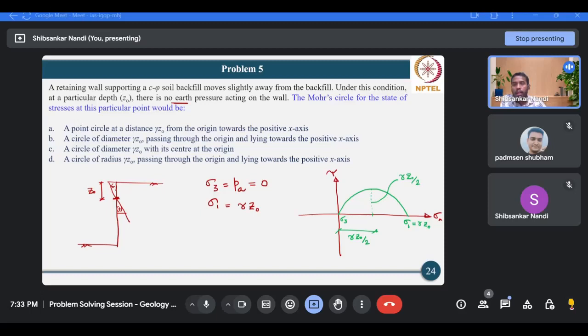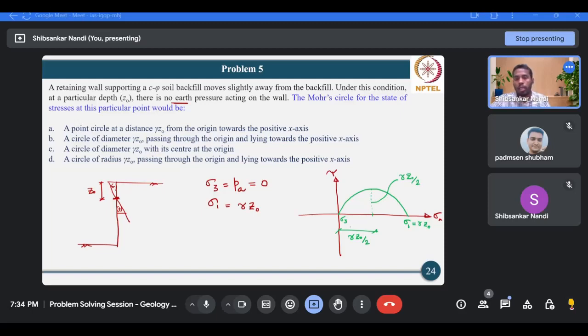Option A: a point circle at a distance gamma z0 from the origin towards the positive x-axis. Obviously, this is not a valid answer because we are not getting a point circle for this kind of state of stress. Then option B: a circle of diameter gamma z0 passing through the origin and lying towards the positive x-axis.